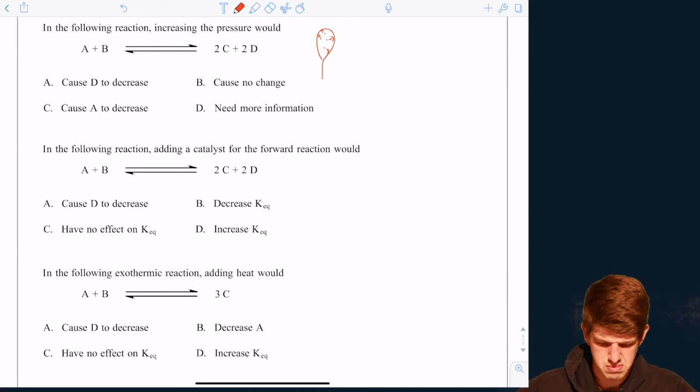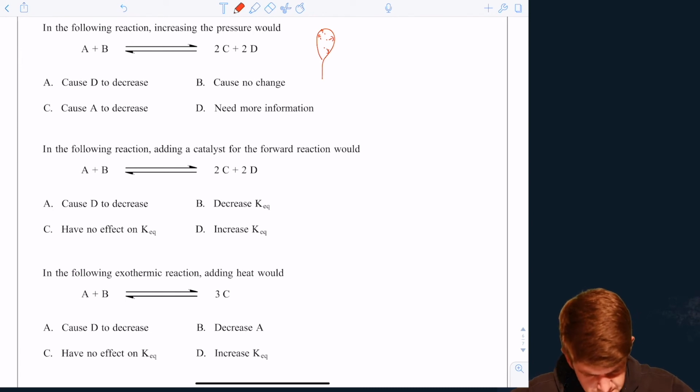Molecules exert pressure. If I have too much pressure now, get rid of the molecules that are exerting pressure. So, increasing the pressure, there's 4 molecules on this side, there's 2 on this side. So, I'm going to want to get rid of some of these C's and D's and reform A and B.